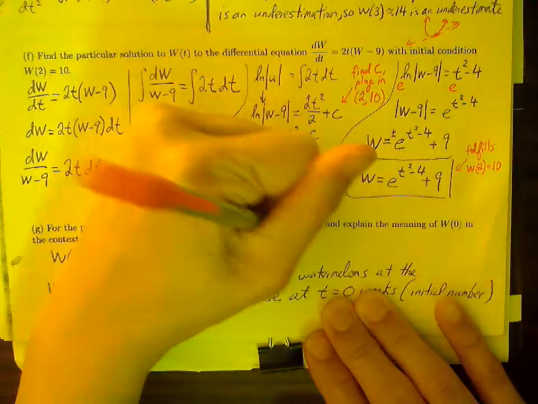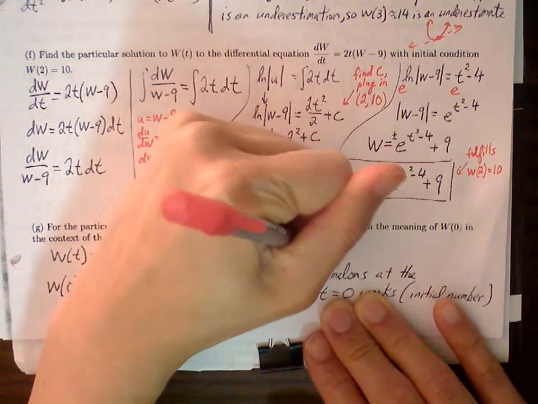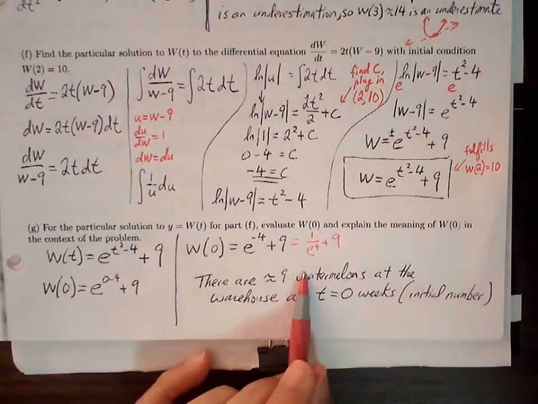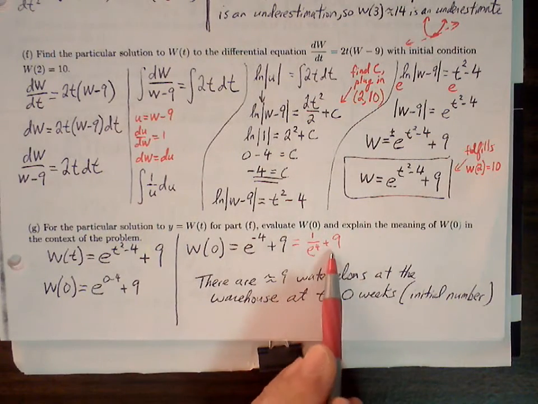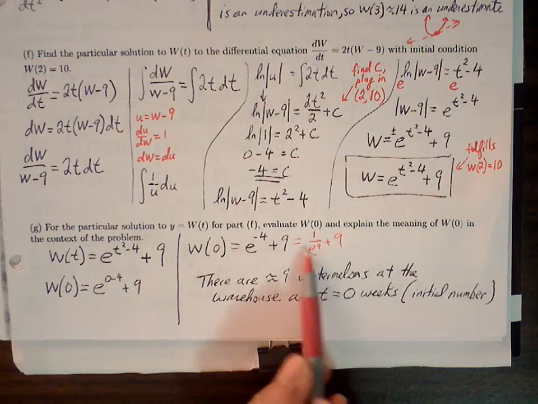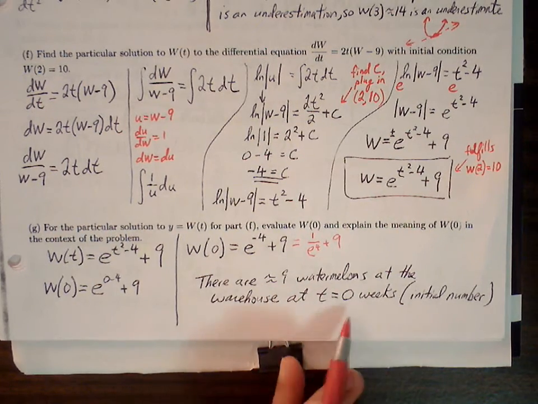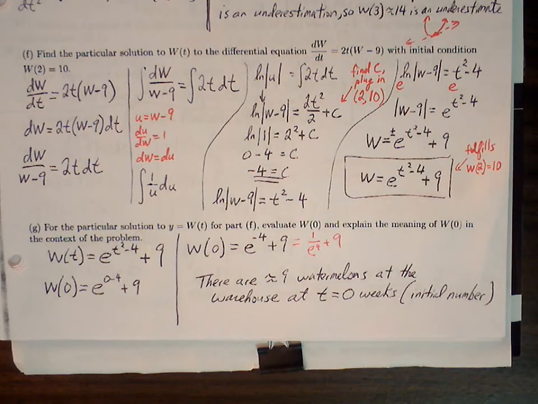So we can say this is equal to 1 over e to the 4th plus 9. And that's going to be a really, really small decimal value. So that's like 9.001. And so we know that this is going to round to around 9 watermelons at the warehouse when t is equal to 0 weeks.